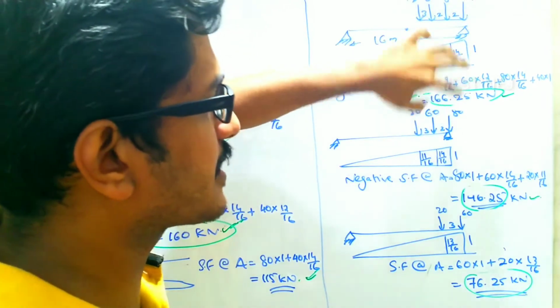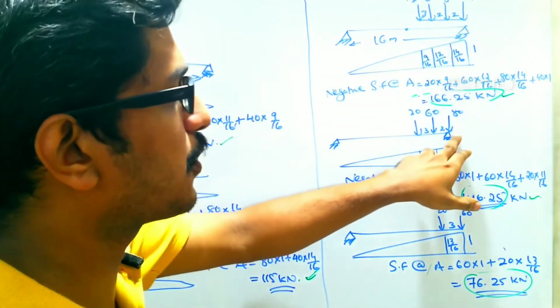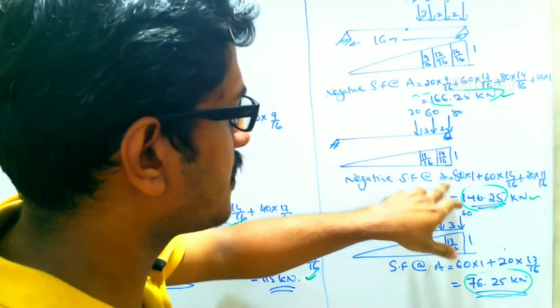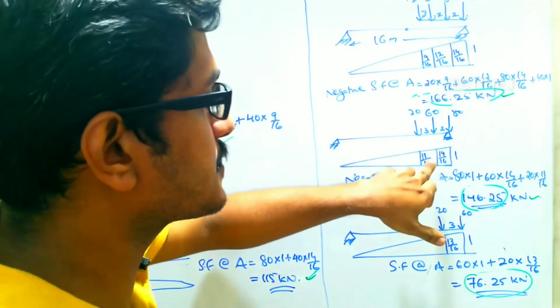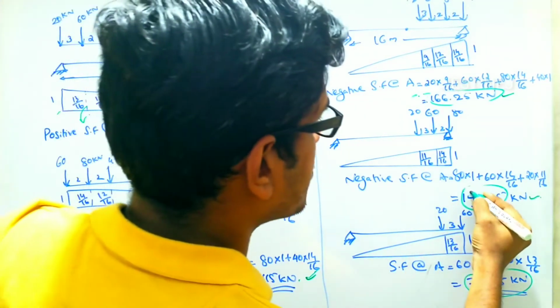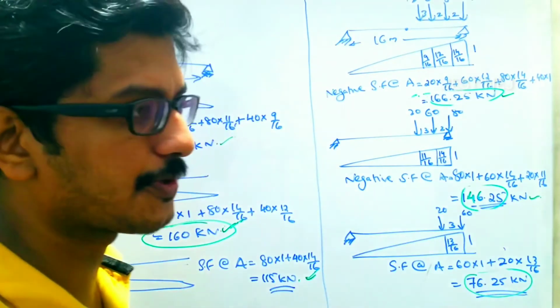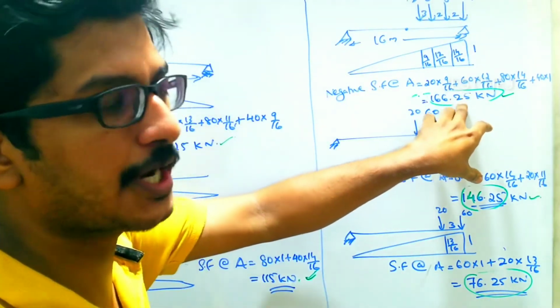Then consider the second case, where you put the 80 kilonewton over the support B. After using the similar triangle law, you get the values 14 by 16 and 11 by 16. If you substitute the values, you finally get 146.25 kilonewton. The value is decreasing; you only need to check the numerical value.